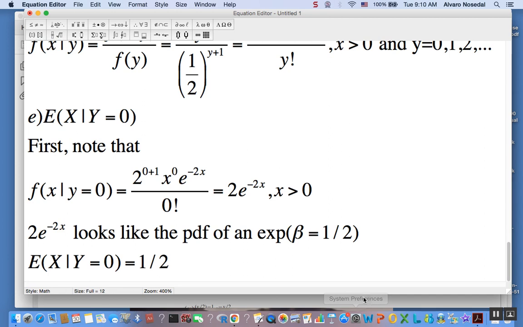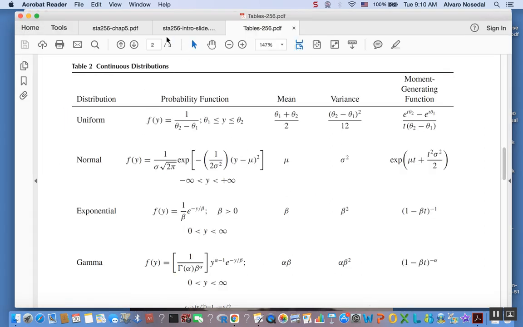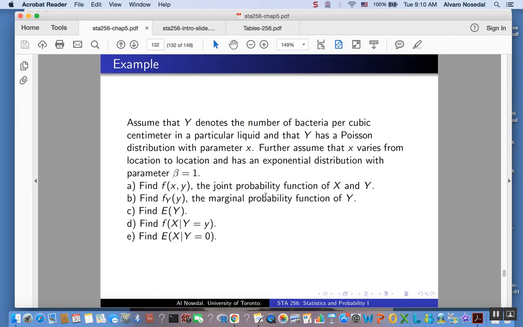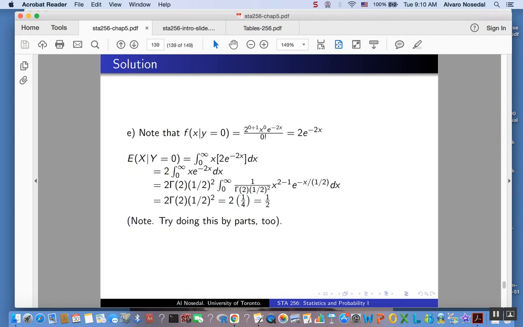Okay, now let me go to your lecture notes and show you another way. I think that must be page 139. Okay, so first, just like before, we found the conditional PDF, but in this case we just used the definition of conditional expectation.